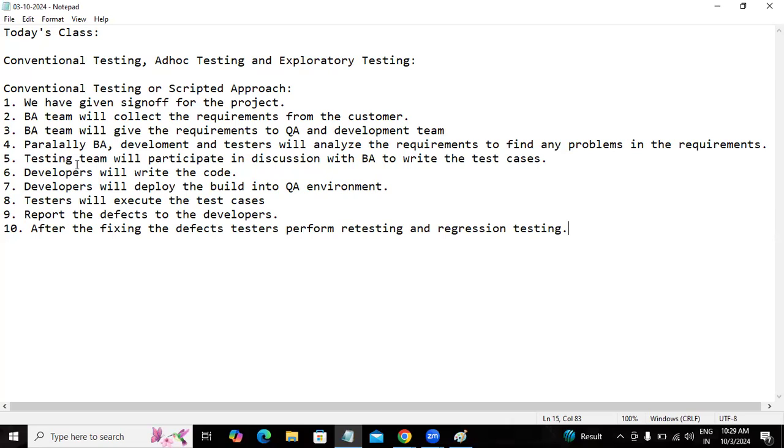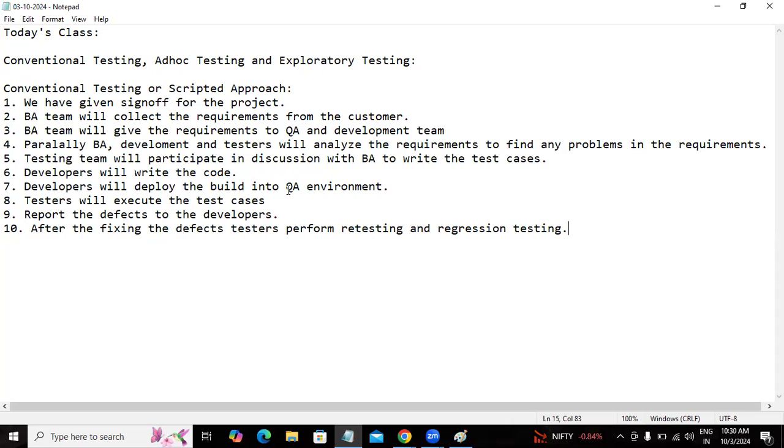The developers are writing the code and testers are parallelly preparing the test cases. Whenever the development is completed, developers will deploy the build into the testing environment. Now testers will execute the test cases, find some defects and report them to the developers. Developers are going to fix those defects, and after that the testers are going to perform retesting and regression testing. So this is called conventional testing.